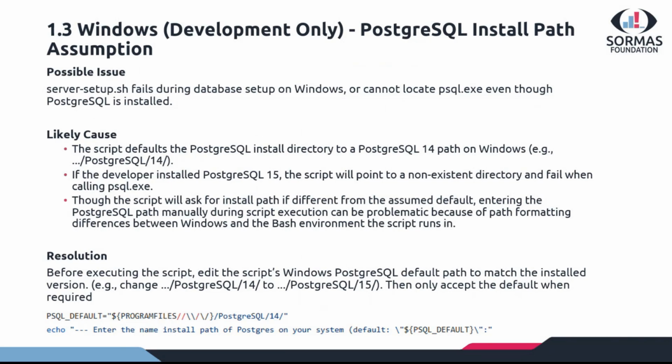Like I said earlier, if it doesn't find it, maybe because you have 15 installed on Windows, it will ask you to enter the install path. But this is usually problematic because if you put /, sometimes Windows takes it. If you put \, it doesn't accept.